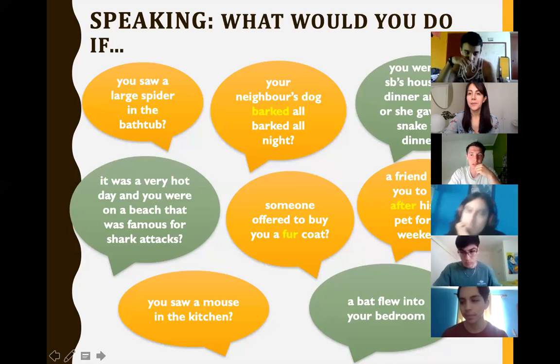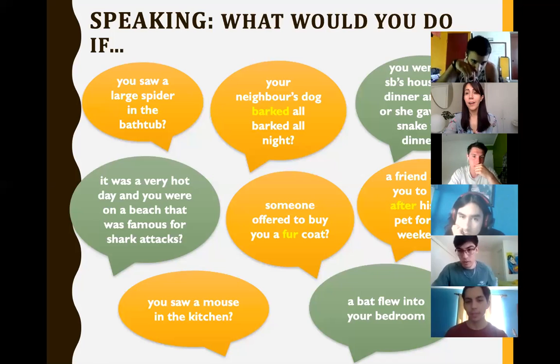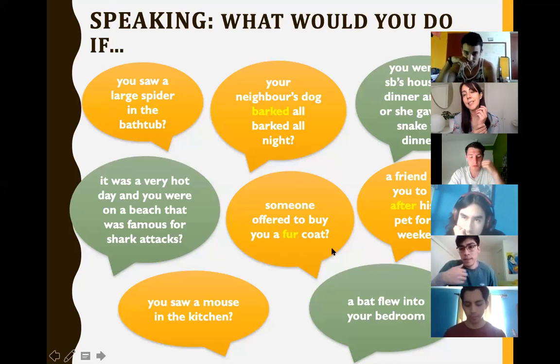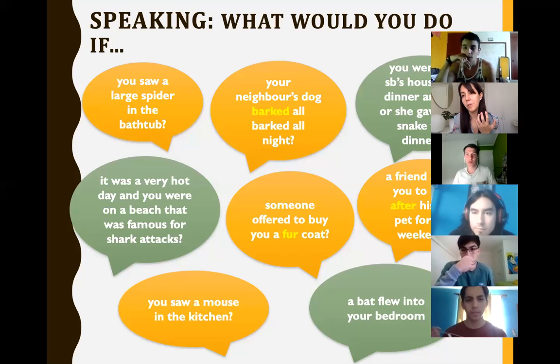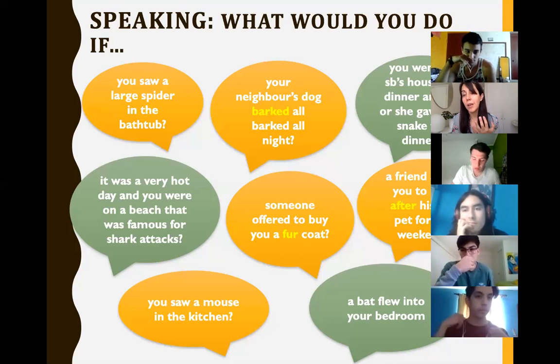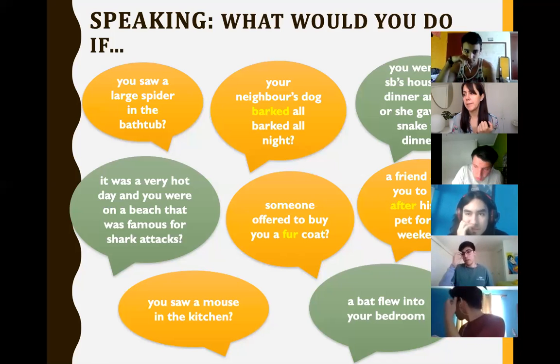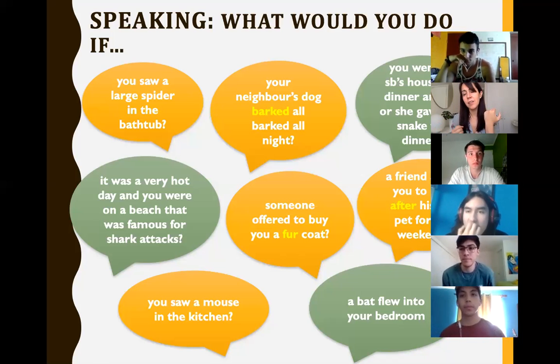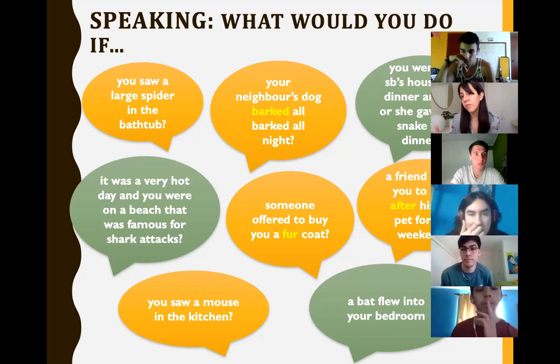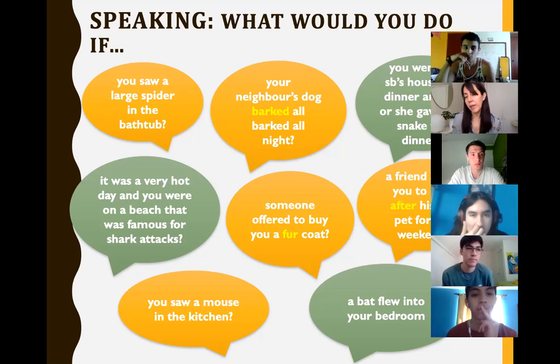Excuse me, I don't know the meaning of fur. Yes, fur, Fabian, is the skin plus the hair of some animals. For example, foxes or beavers are sometimes killed to take the skin out of the bodies of these animals, and they make coats, for example, or clothing in general.